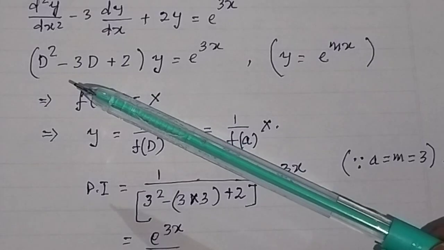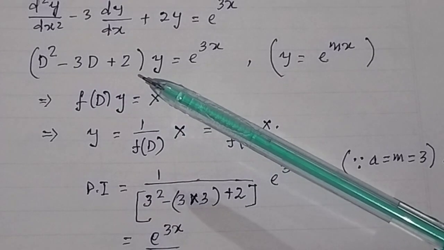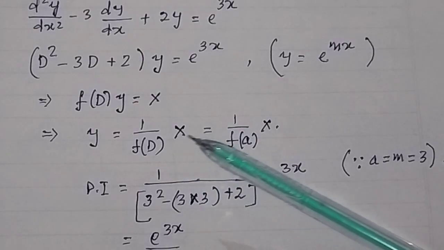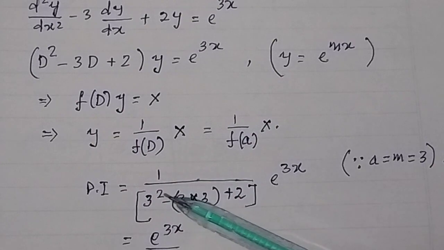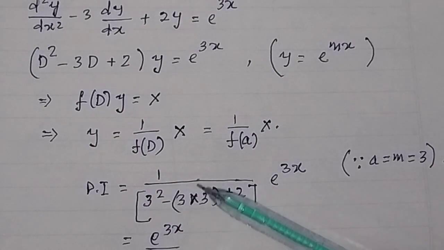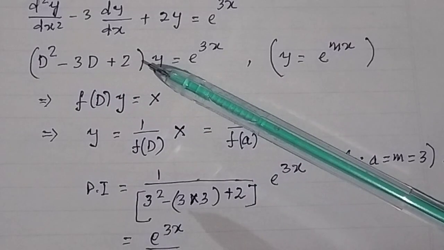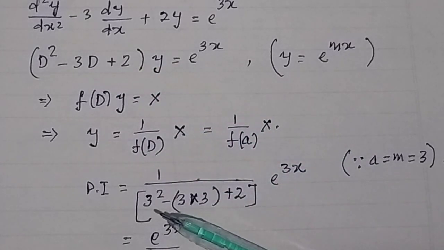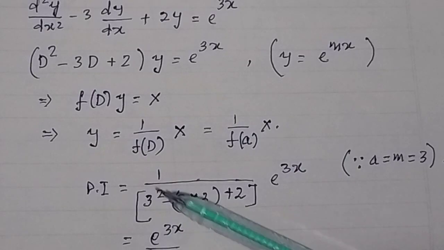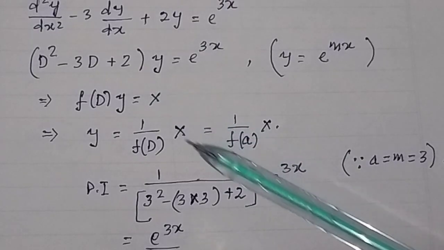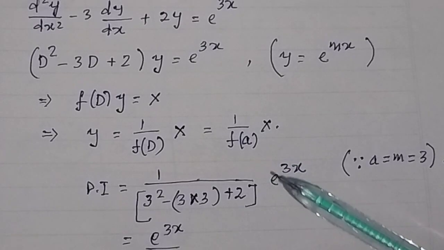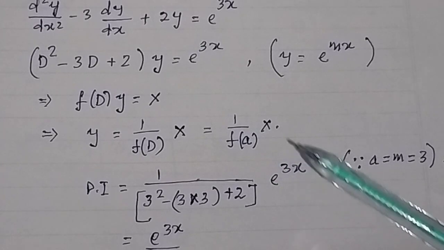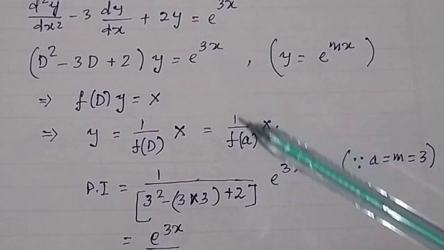So D square minus 3D plus 2 is f(D), that is equal to f(a), and the particular integral is 1 by f(a) into X. f(a) is 3 square minus 3 into 3 plus 2, which is 2, and X is equal to e to the power 3x.